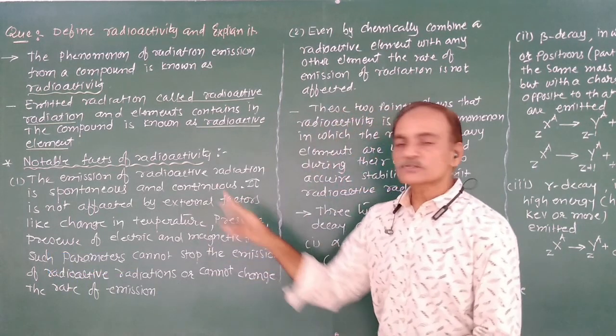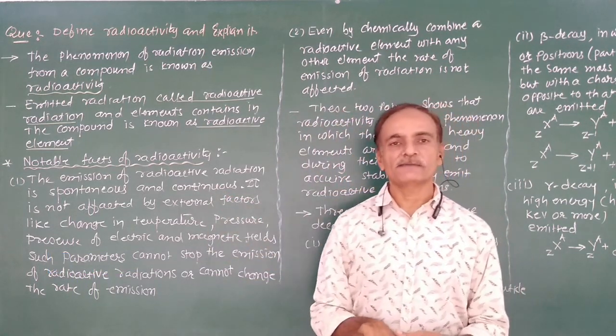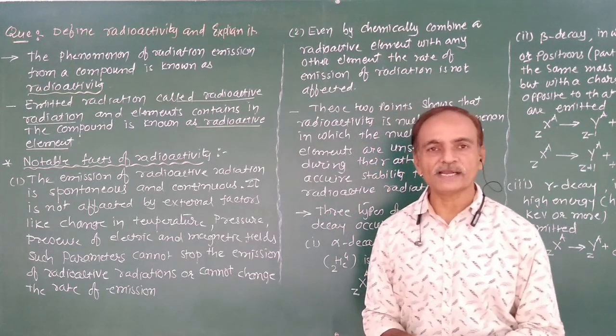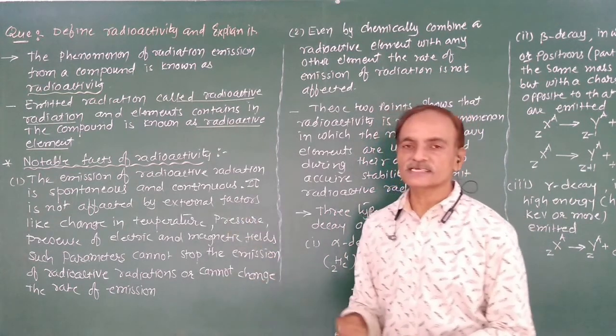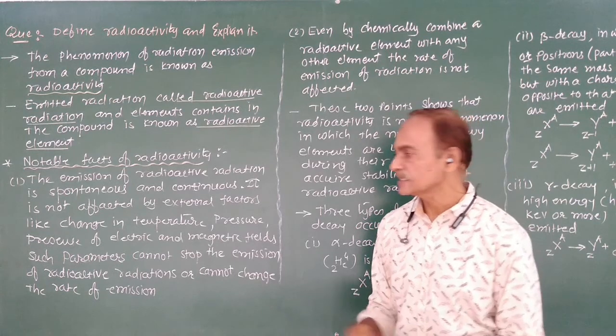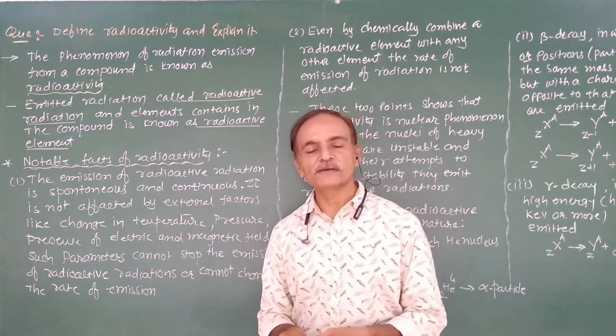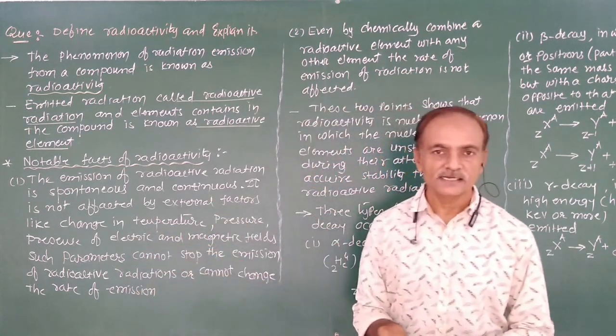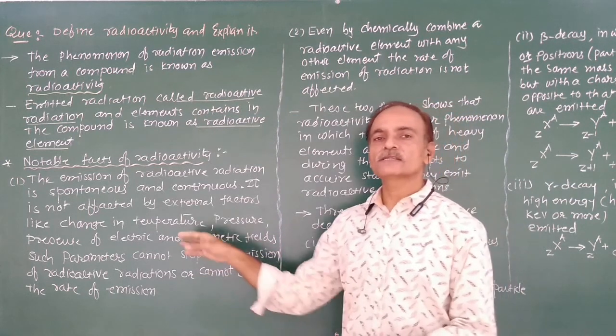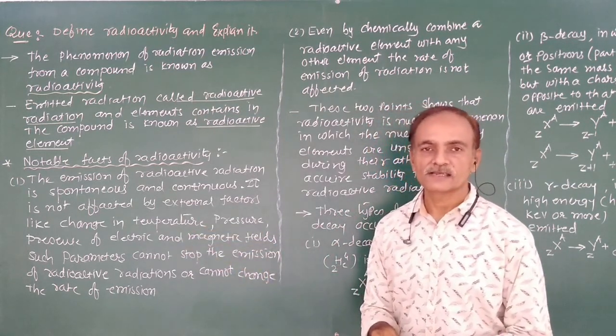Now, it is not affected by external parameters. That means the radiation is not affected by external factors like change in temperature, change in pressure, presence of an electric field, or presence of a magnetic field.